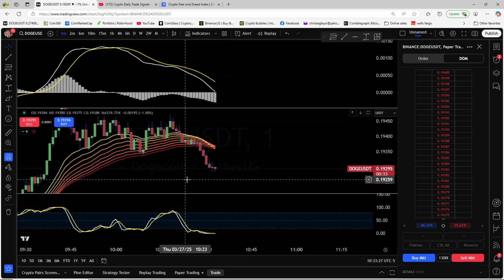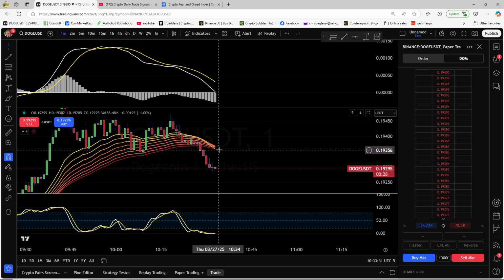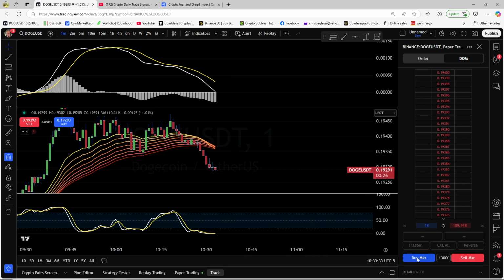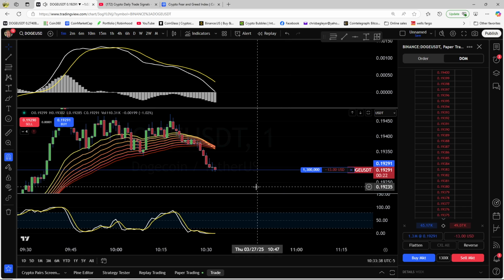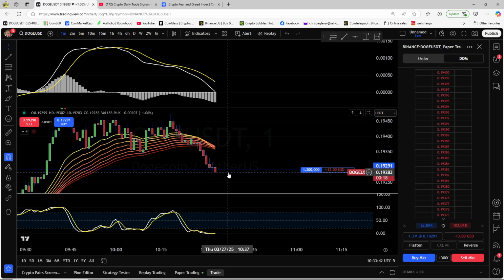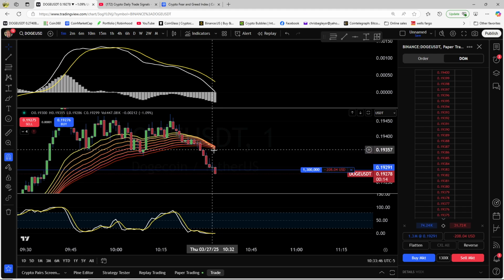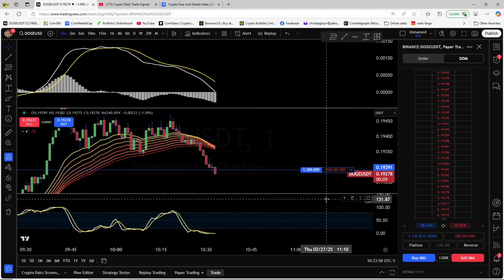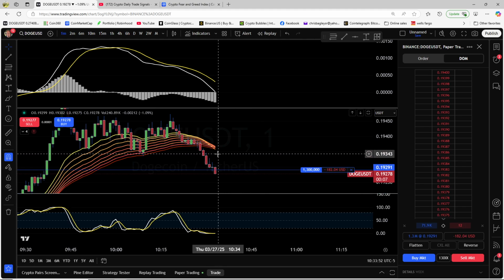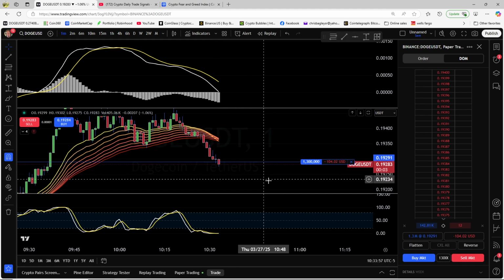I think it's fixing to reverse here. Go to the upside, come back up and meet up with so I'm going to go ahead and take a buy. It may come down a little bit more, but it's going to try to reverse and come back up and meet back up with these EMA ribbons. And it'll bounce off of them and come back down to the downside again.